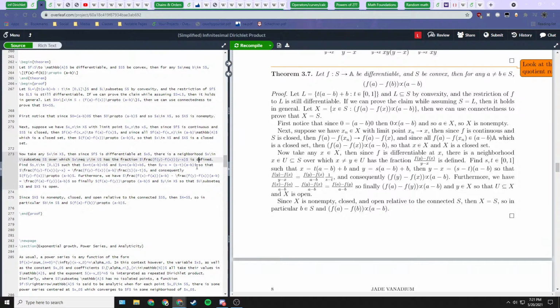Is this fraction defined? So we can find S and T.